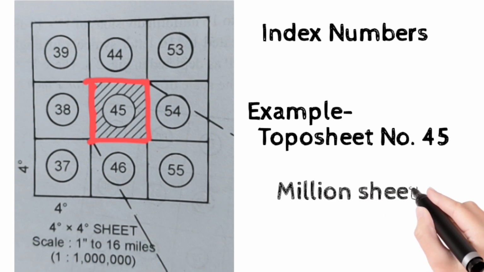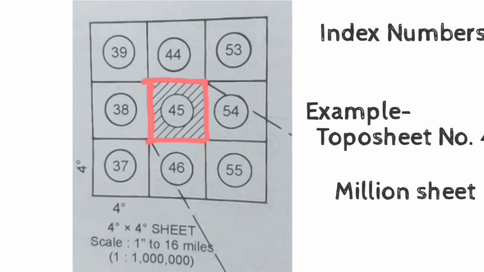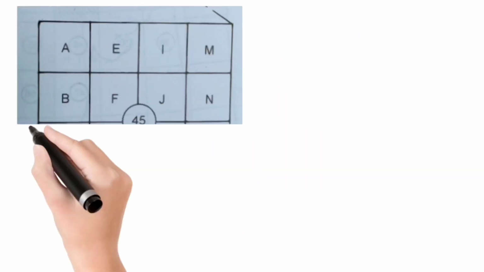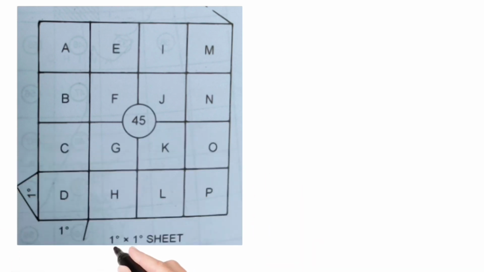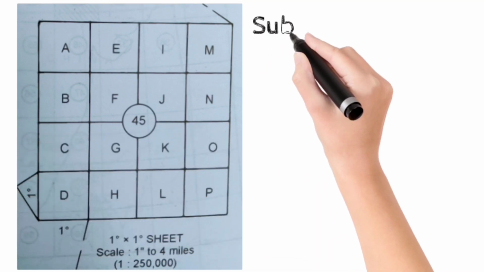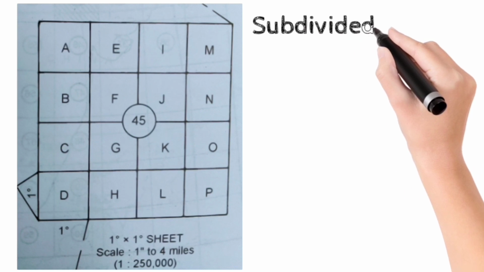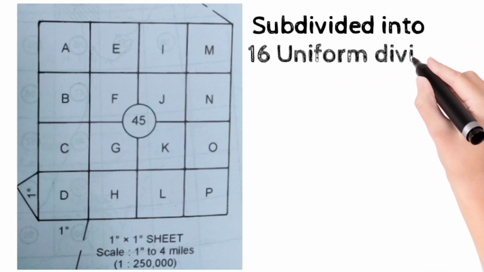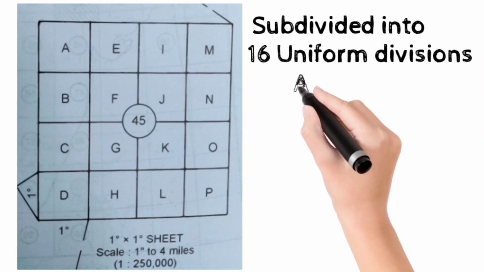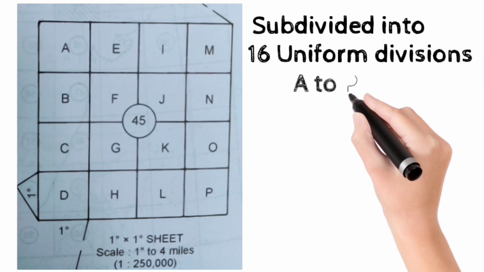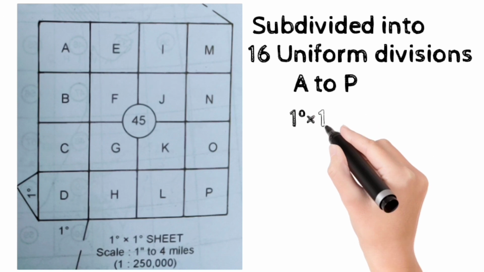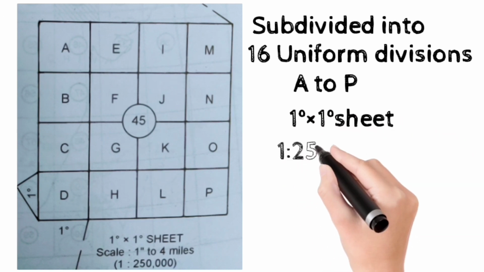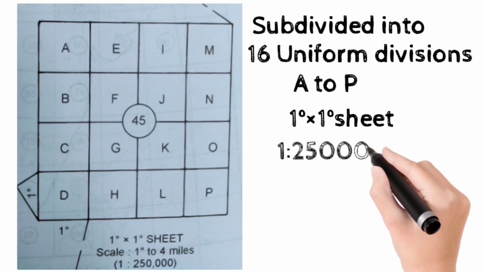Now the divisions of million sheets are known as degree squares or degree sheets, and each degree sheet is designated with an English letter. So here you can see the 45 million sheet is divided into 16 uniform sheets of 1 degree into 1 degree dimension designated by 16 letters of English alphabet A to P.